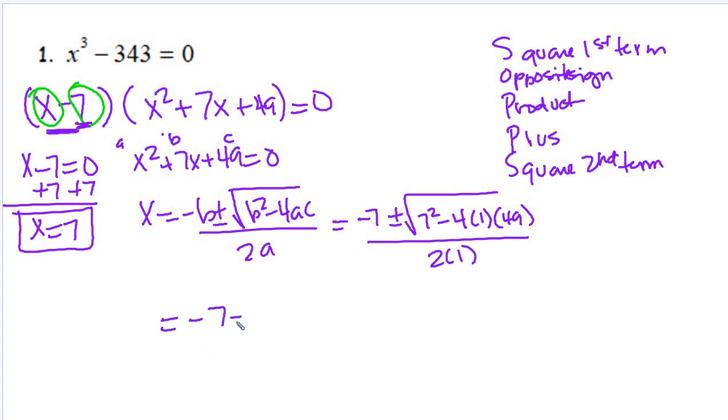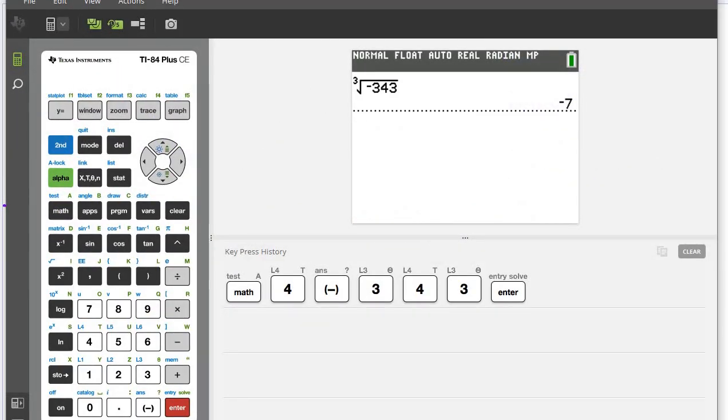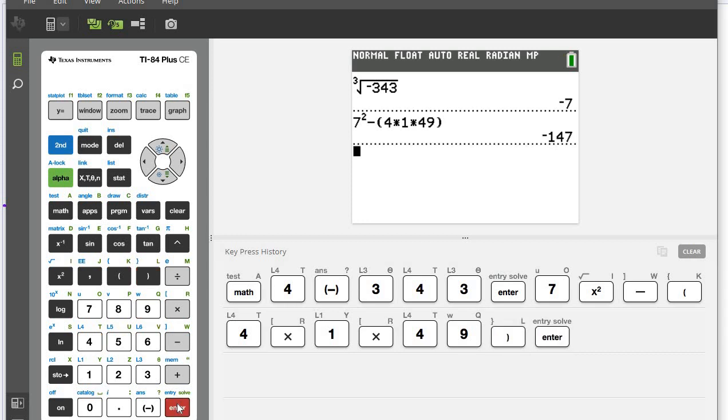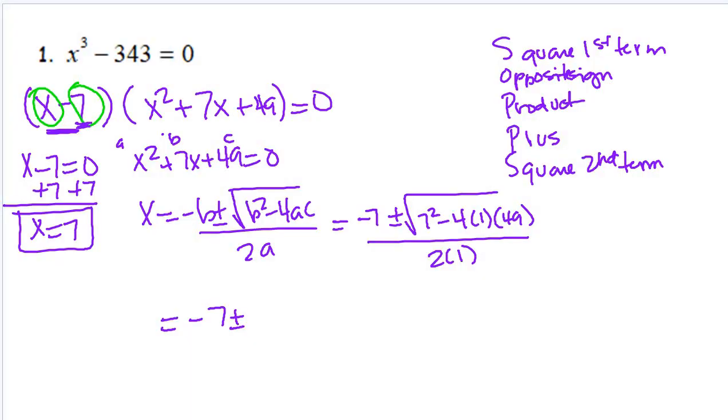So I have negative 7 plus or minus. So I'm going to jump over to my calculator. And I have 7 squared minus, I'm going to do my parenthesis, 4 times a times c. And I get negative 147. So I have the square root of negative 147 all over 2.